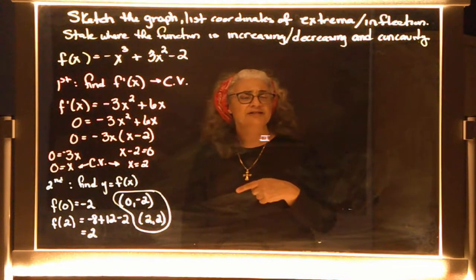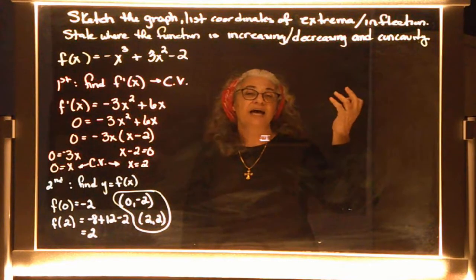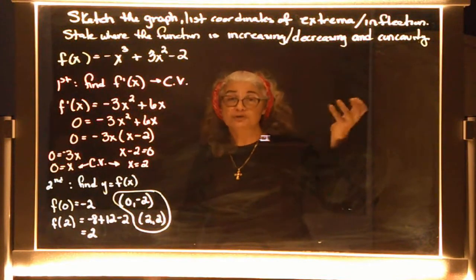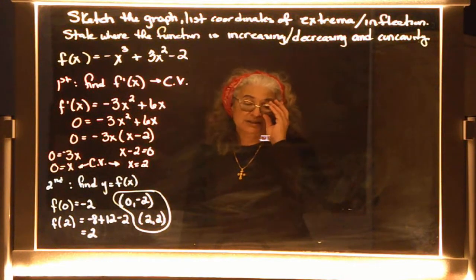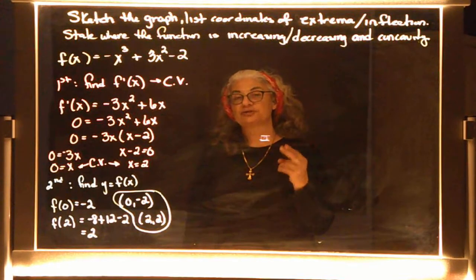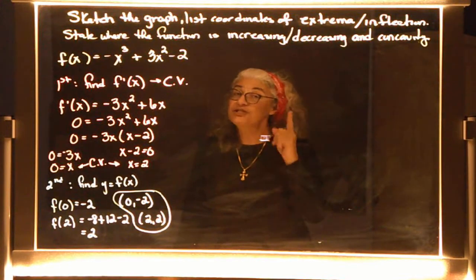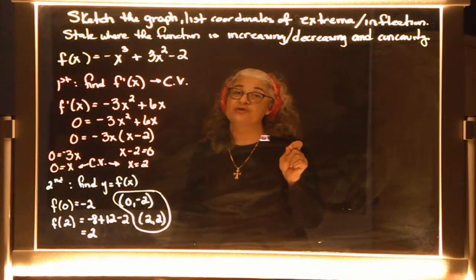Or I can use my second derivative and find the concavity, which will also tell me relative mins or max, won't it? Now here's the deal. I am going to go with the second derivative to determine the relative mins or max, which in actuality will also help me find increasing and decreasing.